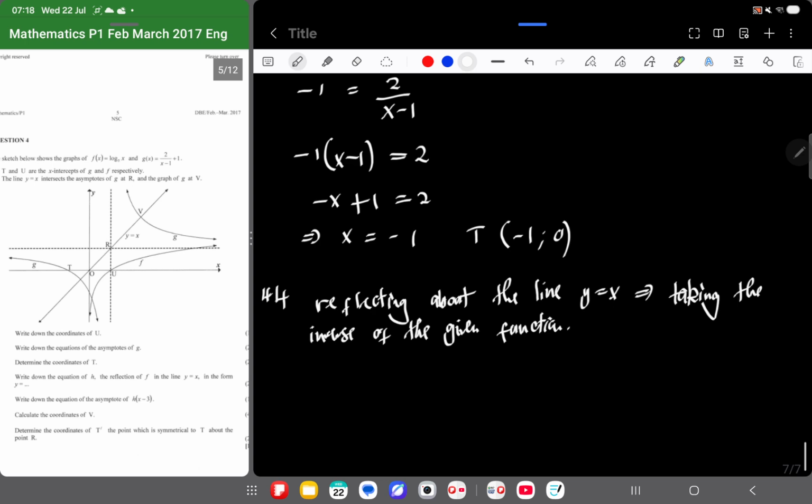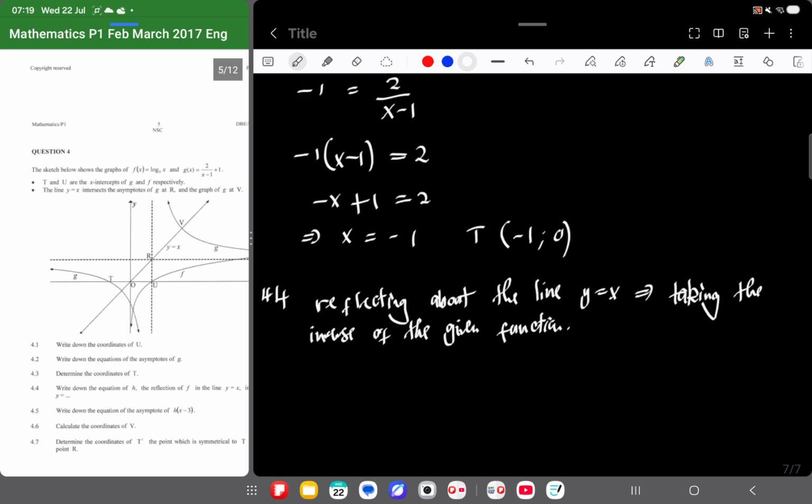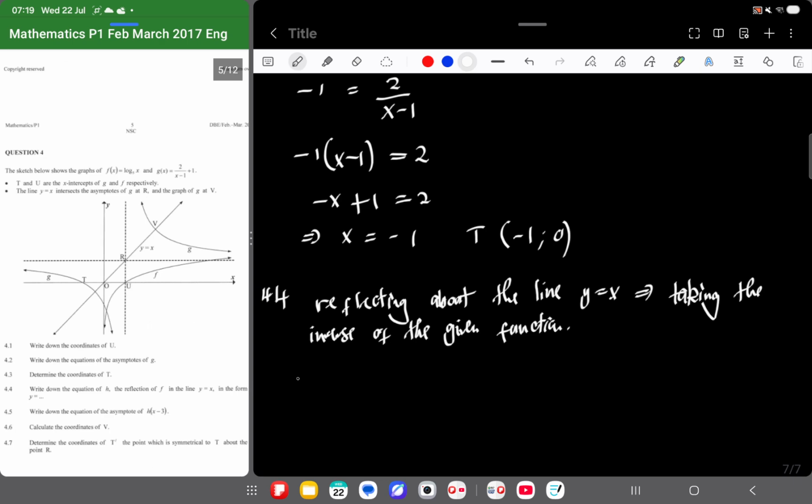You switch y and x, then you go through all the steps. I assume we know how to take the inverse of a function. So here, write down the equation of h(x), the reflection of f(x) = log base 5 of x. We know the inverse of a logarithm is an exponential function.